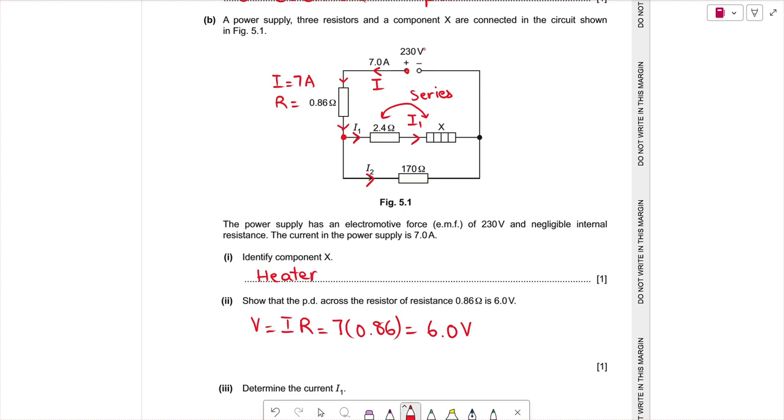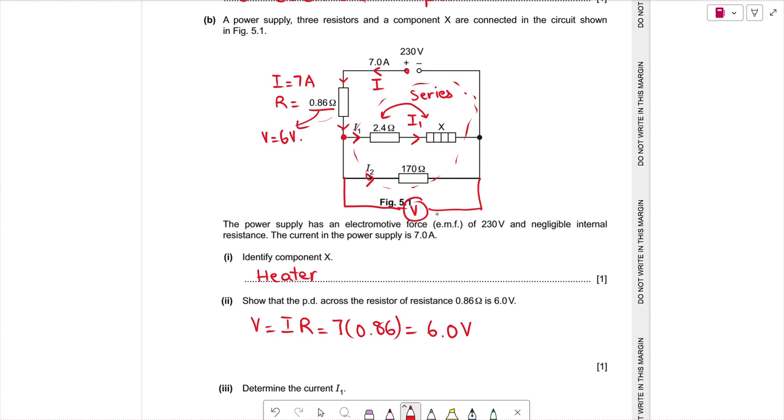Now since we know the voltage across the 0.86 ohm resistor is 6 volt, and this 0.86 ohm resistor is in series with the combined resistance of this entire thing, and in series the voltage is always divided, so if this resistor gets 6 volt, the rest of the voltage is across the parallel combination of these three: the 2.4 ohm resistor, heater, and the 170 ohm.